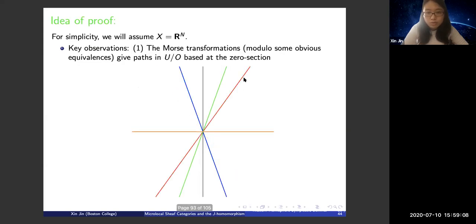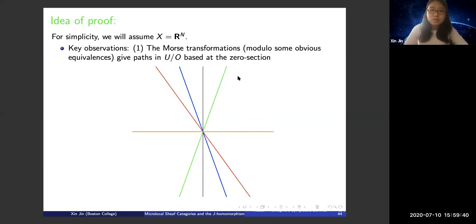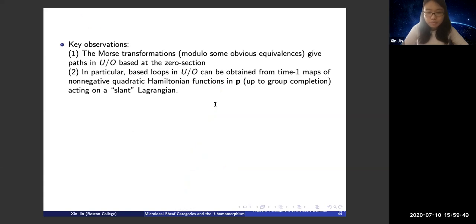So if you start from a slanted Lagrangian, like the graph of the derivative of a completely positive quadratic function, then you could just do this Hamiltonian map, and sorry, the wrong one. Oh, yeah. So then you have some loops. Then you have different loops attached to different choices of Hamiltonian functions, the non-negative ones.